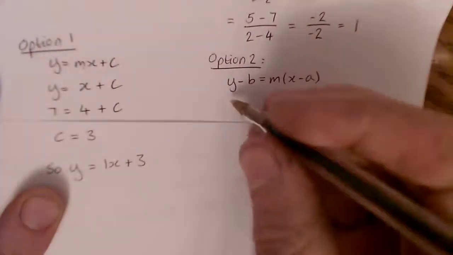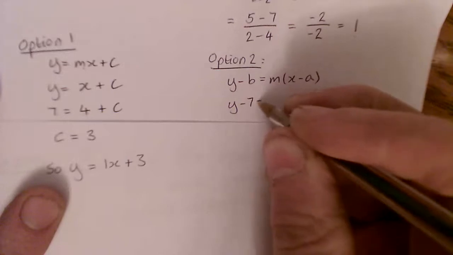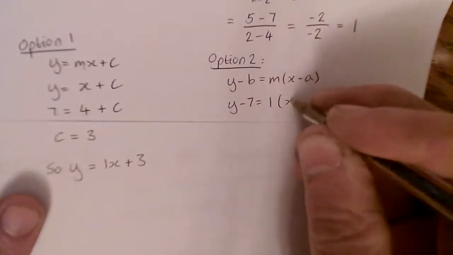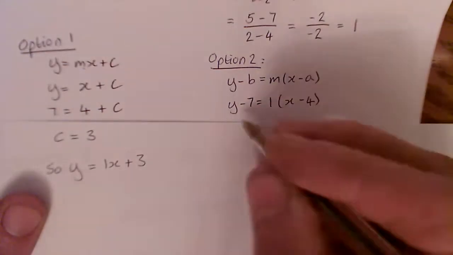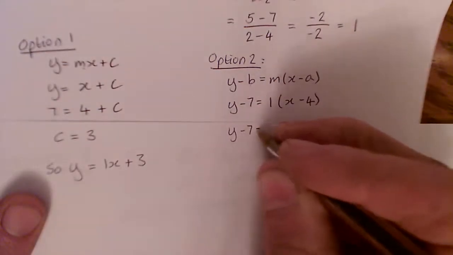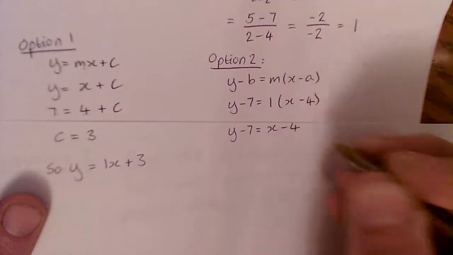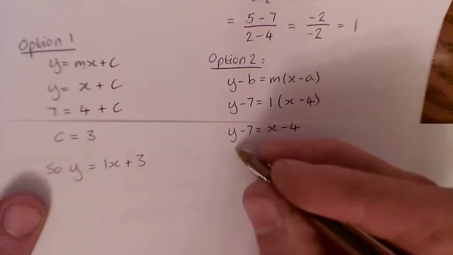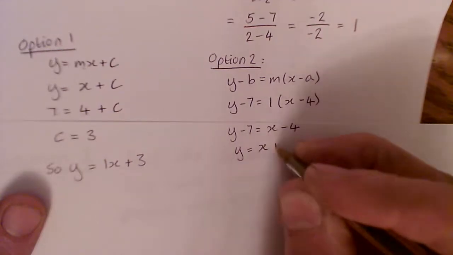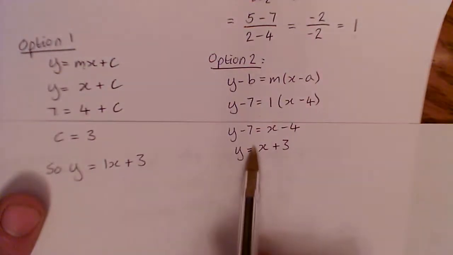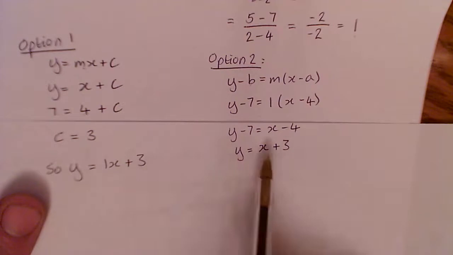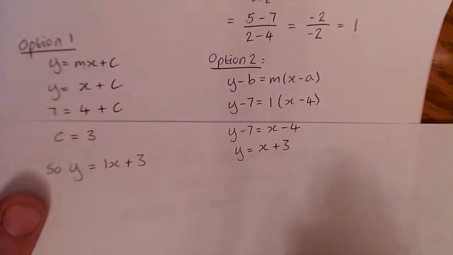So we've got y minus 7 equals 1 times x minus 4. And then we rearrange. So we get y minus 7 equals x minus 4, just expanding the bracket. Adding 7 to both sides, we get y equals x plus 3. I've not put the 1 there, but you could put the 1 there as well. We get the same formula for our line, whichever way we do it.